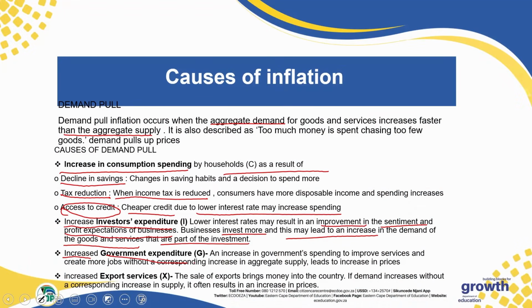Remember that investment expenditure is an injection. There is also an increase in government expenditure. An increase in government expenditure to improve services and create jobs, without a corresponding increase in supply, may lead to increases in prices, because an increase in government expenditure has an effect on job creation.